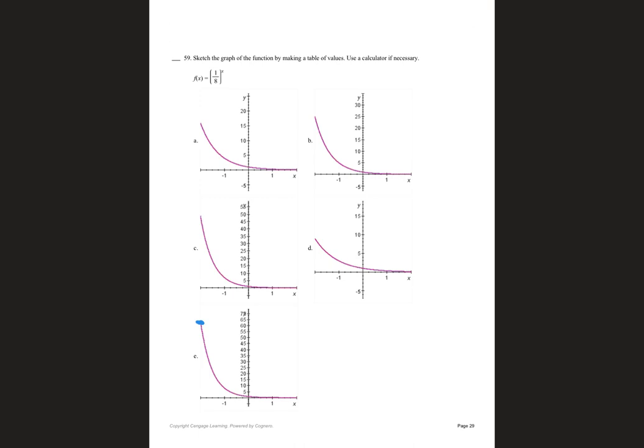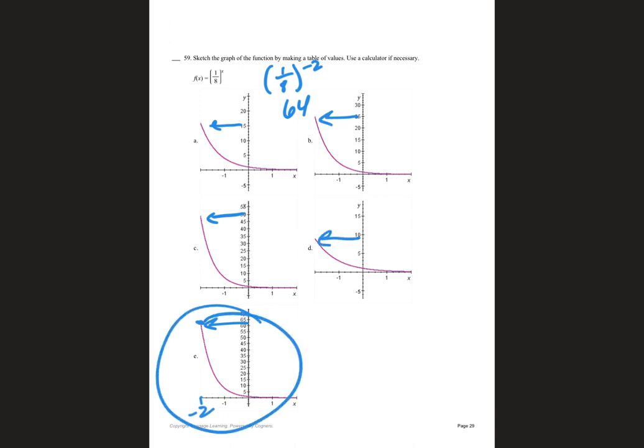When you plug in negative 2, you got 64. So I knew it had to be up here at negative 2. And most of them was hard to tell. Like this one, it's at 50. This one, it's at 15. This one's 25. This one's 10. That's the only way I figured it out from the multiple choice. The one on your test is a lot more obvious.